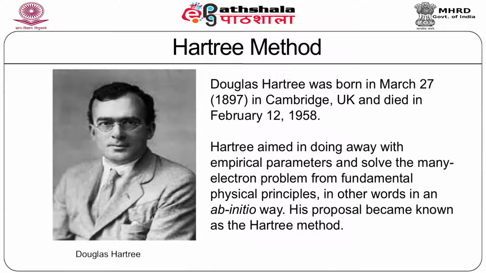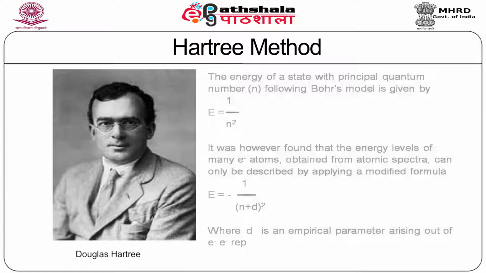In developing the Hartree theory, Hartree was influenced by the earlier semi-empirical methods of the 1920s, which were introduced by Fues, Lindsay, and himself within the framework of the old quantum theory of Bohr.